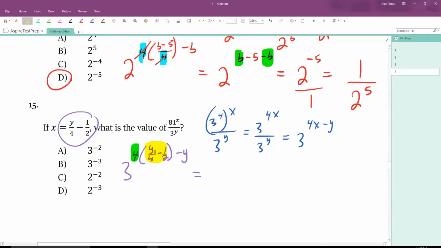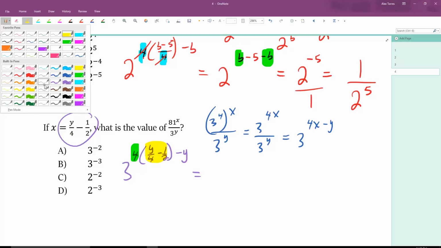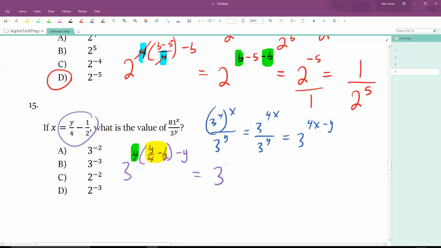So that's just plain distribution. 4 times that yellow expression gives us 3 to the y minus 2. If you were distributing 4 into that yellow expression, and we had the minus y on the outside, that leaves us with y minus y, and so our answer is 3 to the minus 2 power, which is choice A.